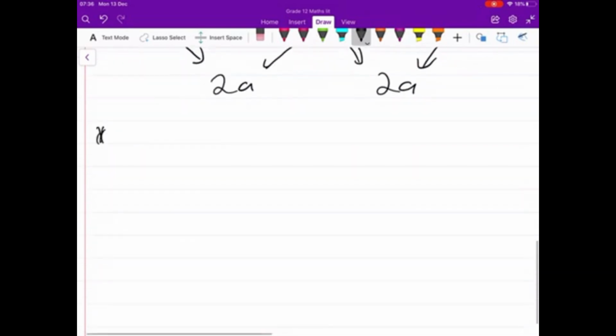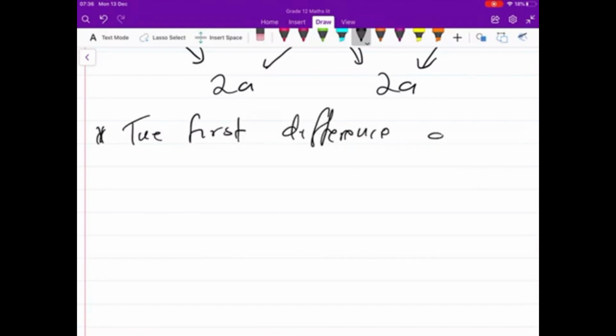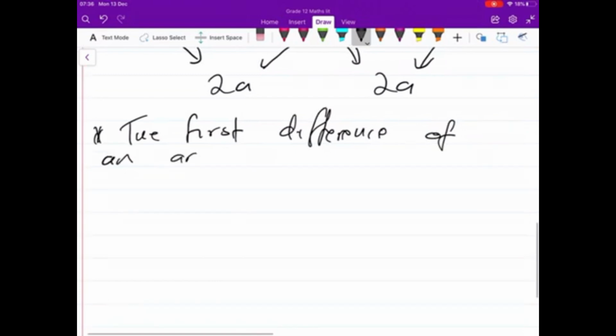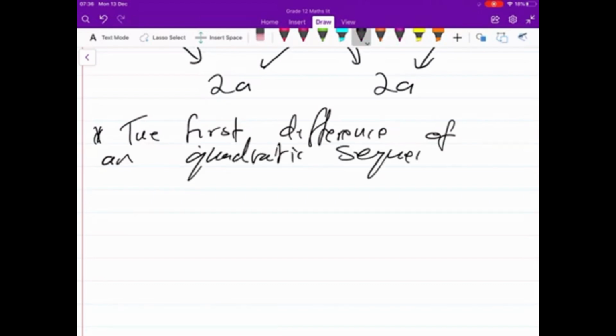So we make two conclusions. One, the first difference of a quadratic sequence is arithmetic.